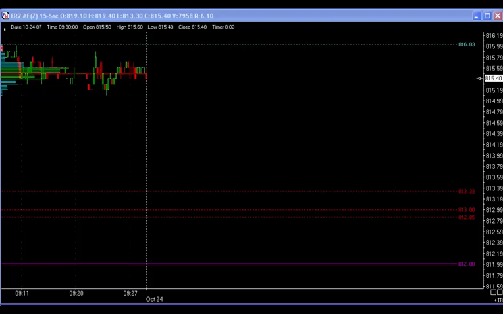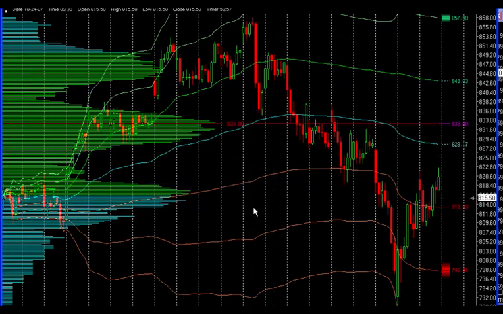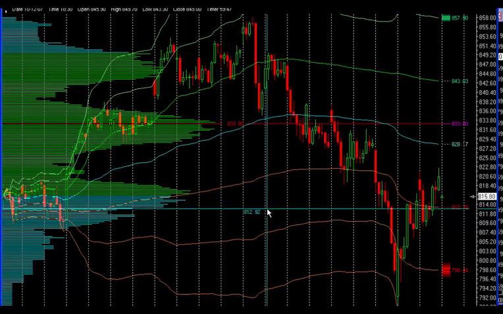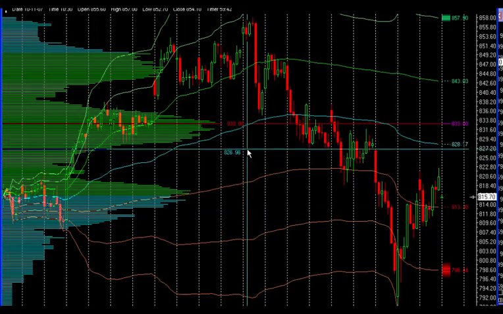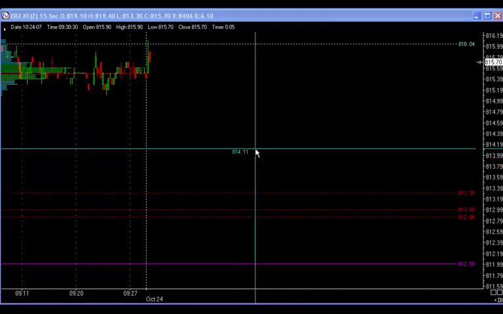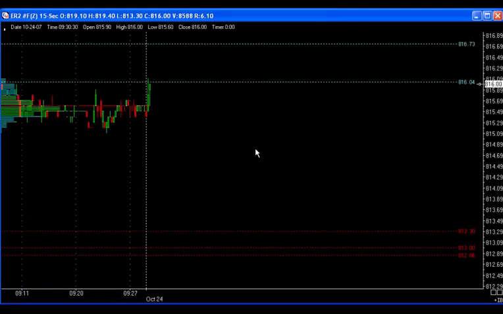That comes from this chart shown here, and that's a 1-month chart of data with the 813 standard deviation below the VWAP up here, and that's transferred to this 15-second chart. Okay, the market is open, and let's just watch and see what the price action does.